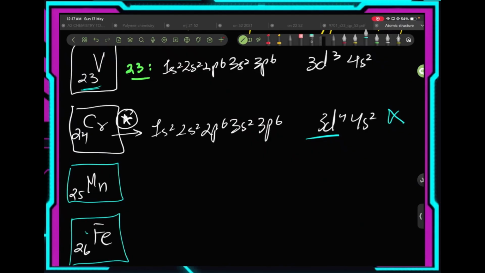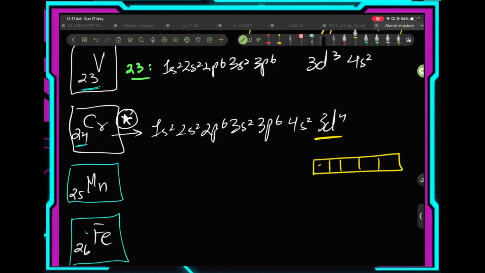Chromium is 24. So I'm just going to move the 4s back inside. Suppose we wrote this electronic configuration 4s2 3d4. How many electrons does the 3d orbital have? It has 4 electrons, right? 1, 2, 3, and 4.